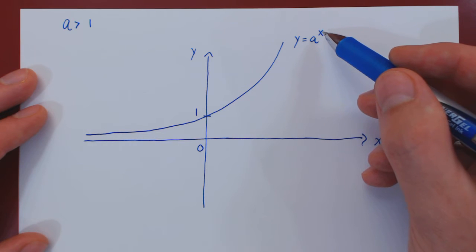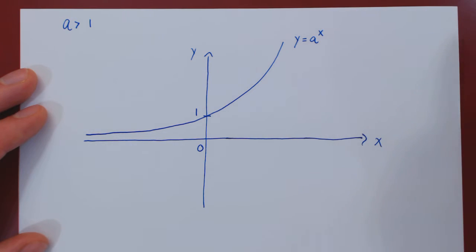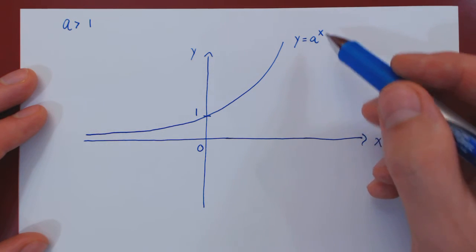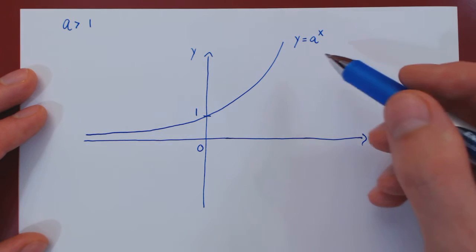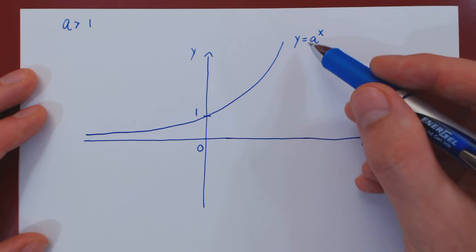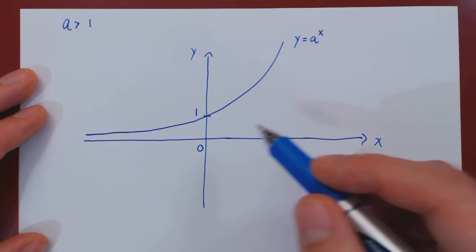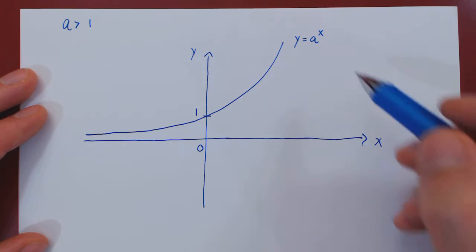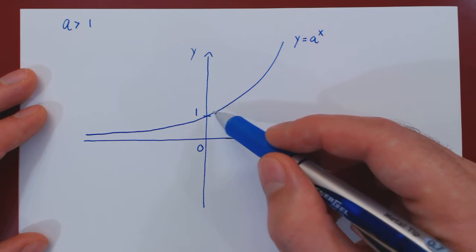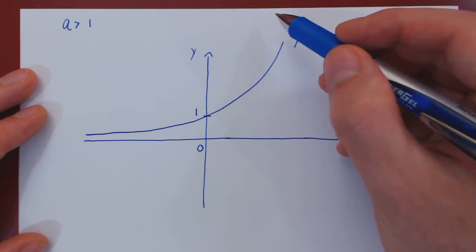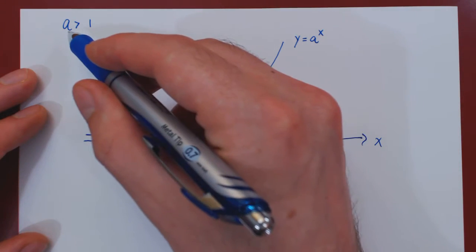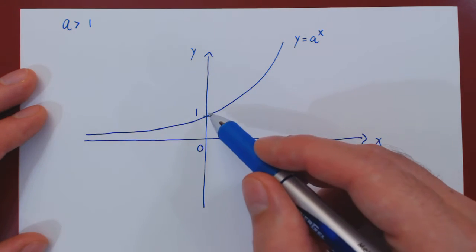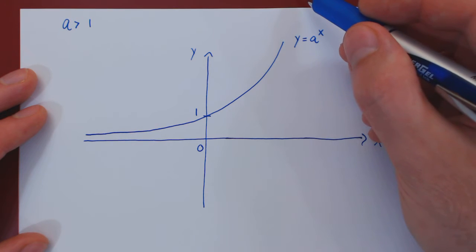As you let x range from 1, 2, 3, 4, 5, 2 to these numbers will be 2, 4, 8, 16, 32. So this will grow extremely rapidly. So as x increases, a to the x will increase even faster. Again, because taking a larger and larger power of a number that is larger than 1 will grow extremely fast.